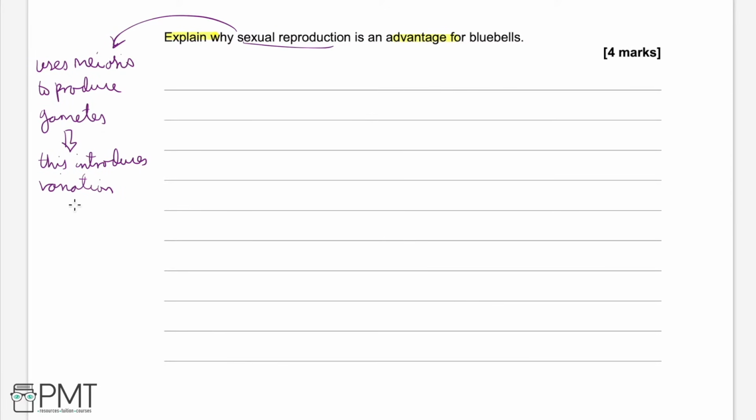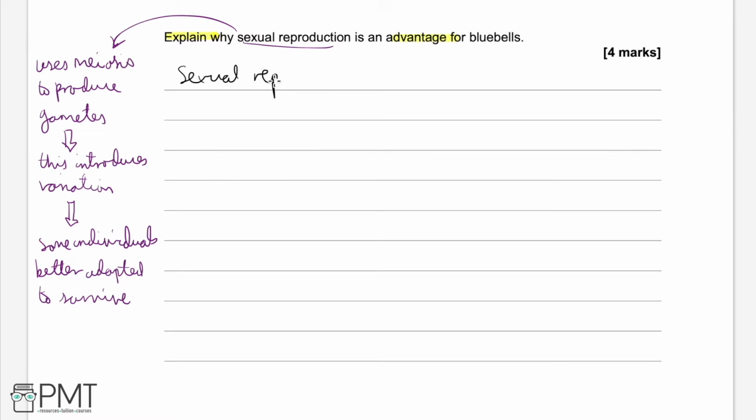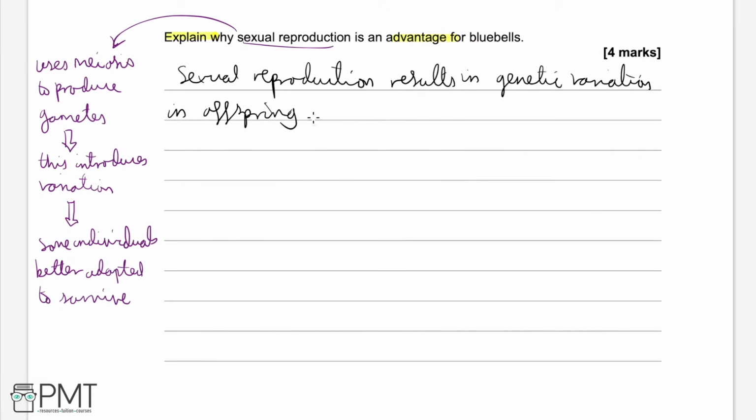Hence, some individuals will be better adapted to survive in the conditions present in the environment. These will be our first 2 points. Sexual reproduction results in genetic variation in the offspring. So, some individuals will be better adapted to survive.